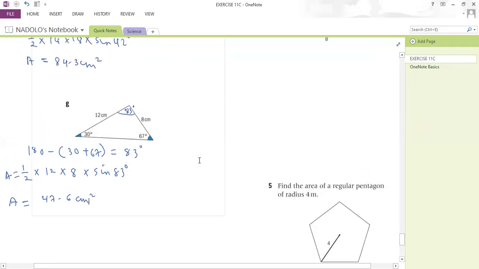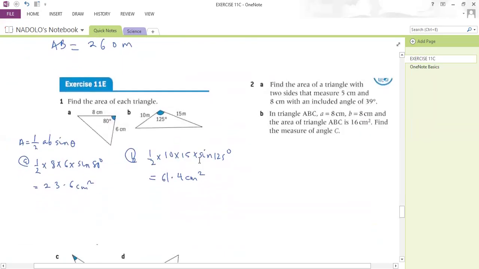That is question 1. Let's go to question 2. Find the area of a triangle with two sides that measure 5 centimeters and 8 centimeters and include an angle of 39 degrees. So let's say this is a triangle. This formula is essential where you don't have a right angle triangle.